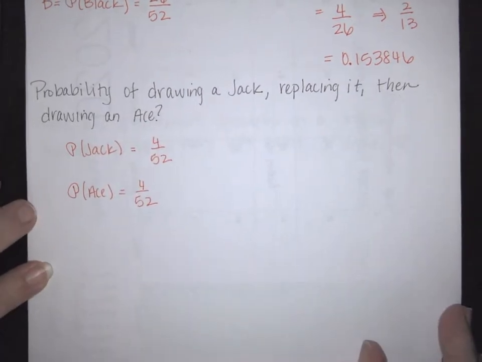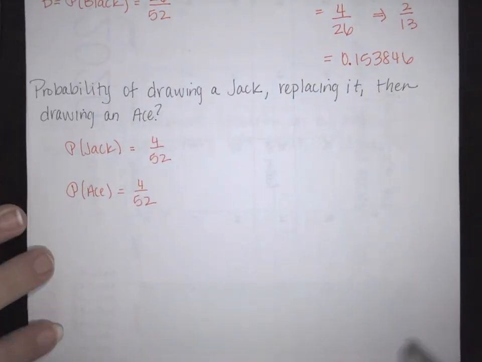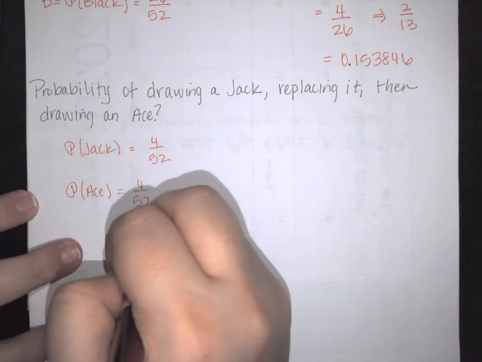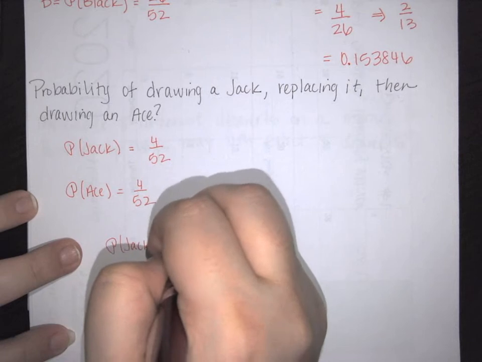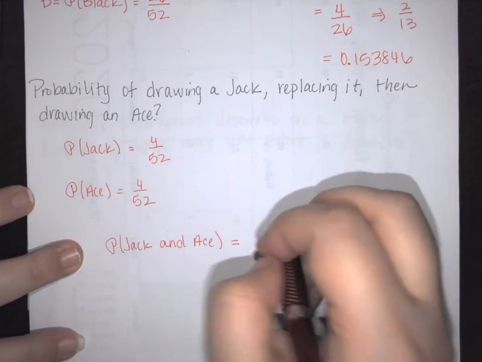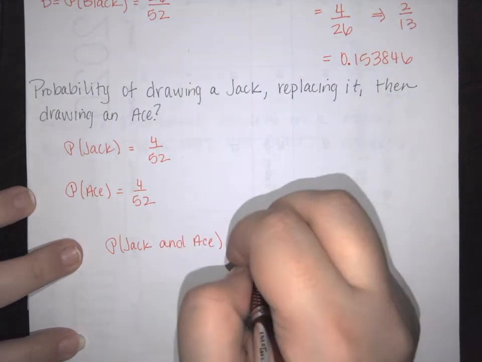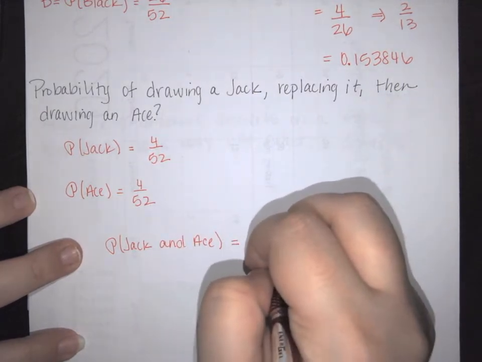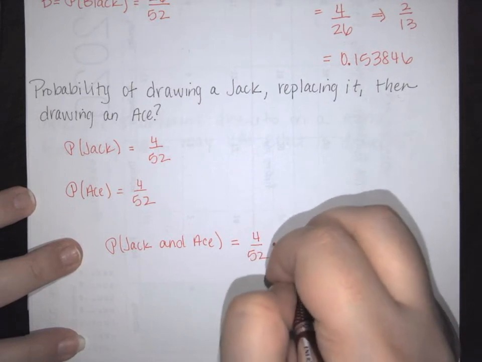Now in this case, since I put it back, what that tells me is I'm looking at the probability of drawing a jack and an ace. Because I put it back, my total doesn't change. So this is my jack times my ace.